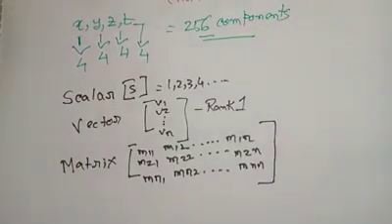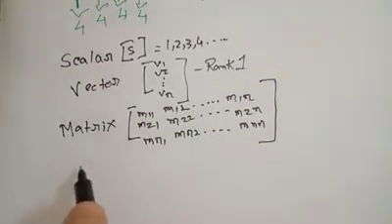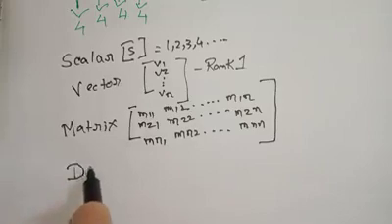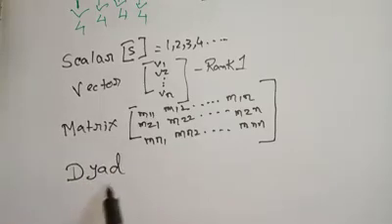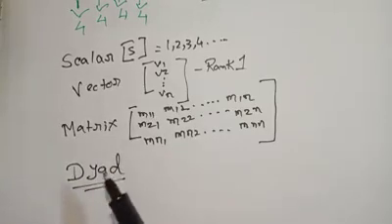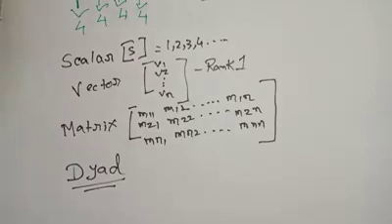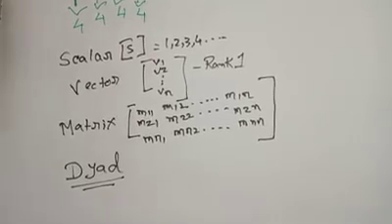So now let us see what is called a dyad. This is what we will start with, the first part of what a dyad is, right? So a dyad actually looks something like this. It will have a total of 9 component vectors. So let me draw a dyad for you.